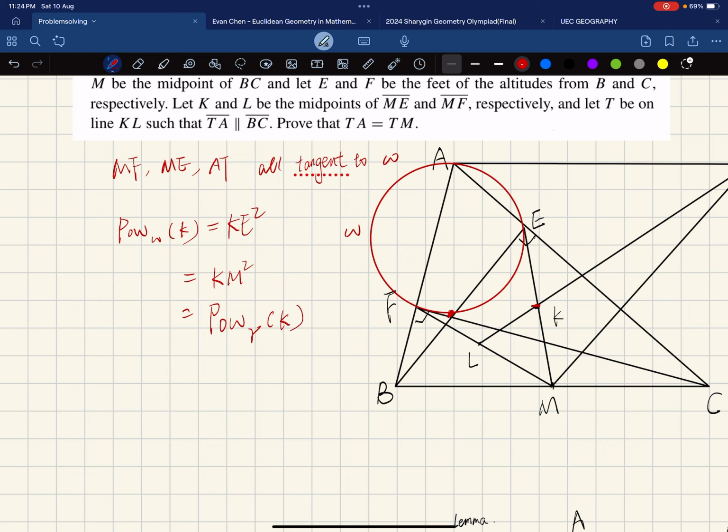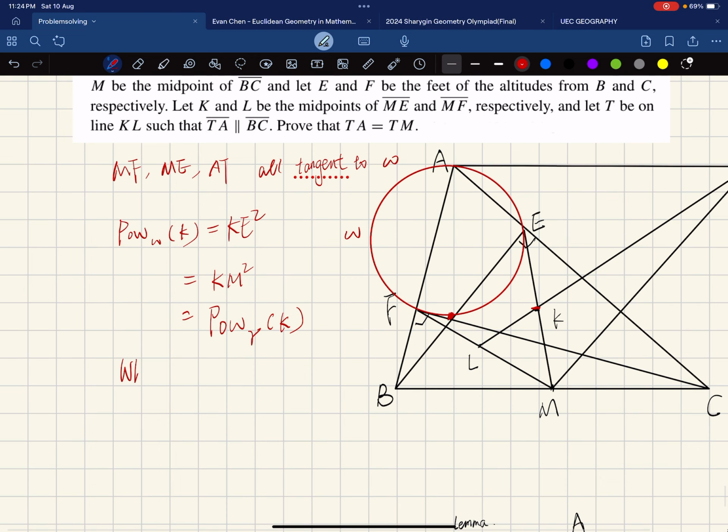Maybe we call it gamma. What does gamma stand for? The gamma means a circle centered at M with radius 0.